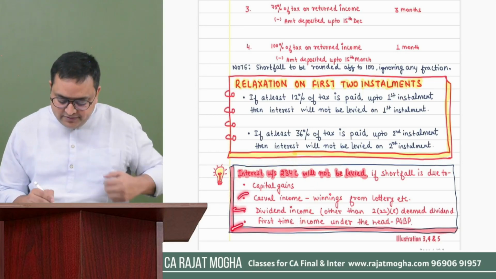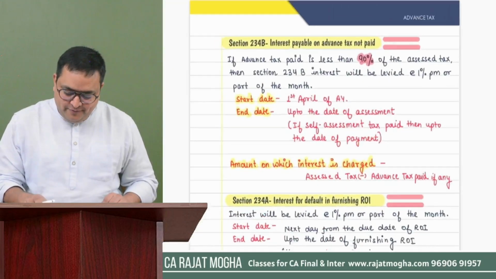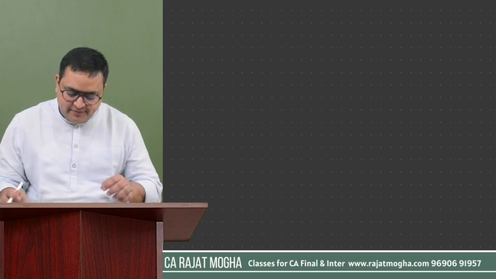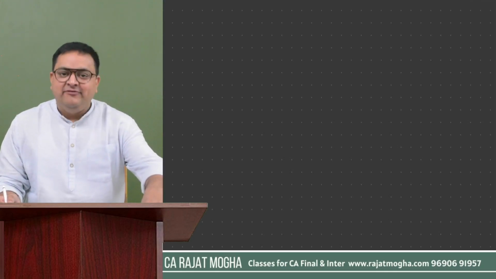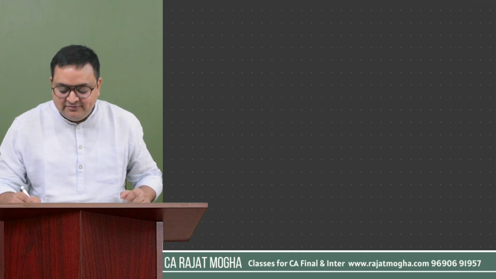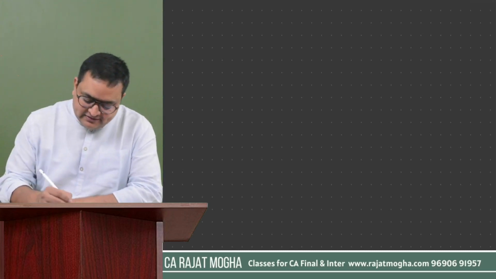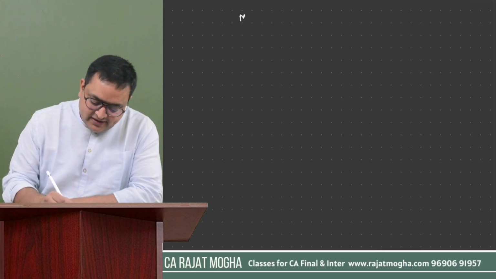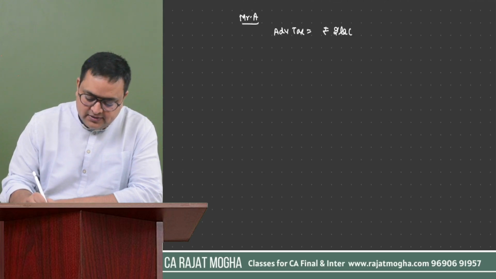So this is an important provision under section 234C. Next section is 234B. Okay, I'll tell you what is 234B. 234B arises only when our advance tax liability which has been paid is less than 90%, right? So let's say there is an assessee, Mr. A. Let's say he was supposed to pay his advance tax of rupees 2 lakh.